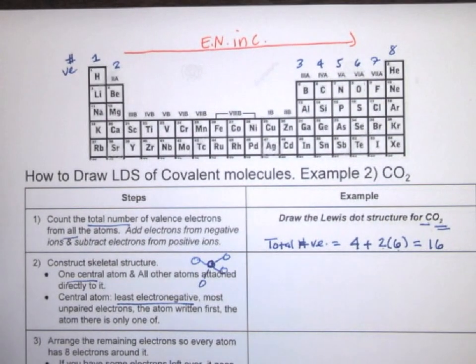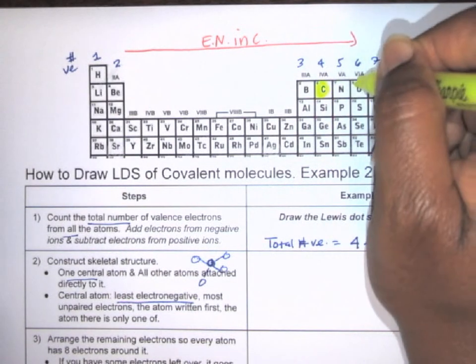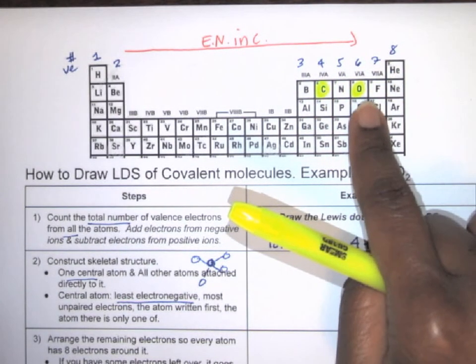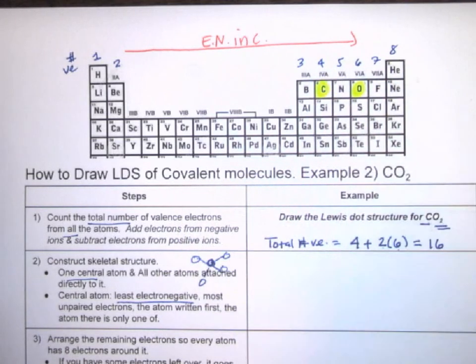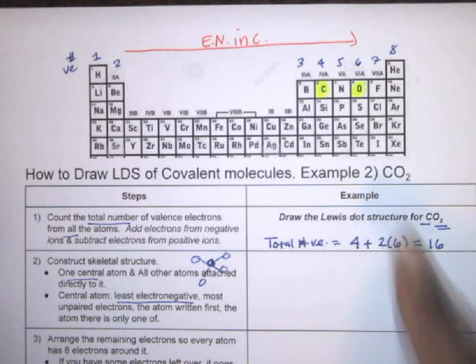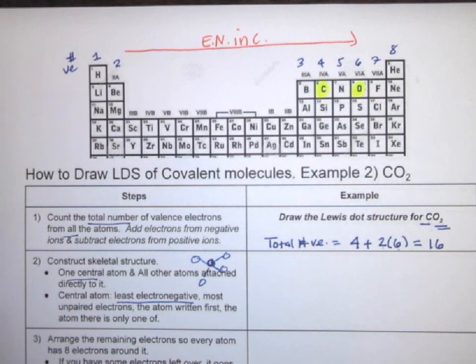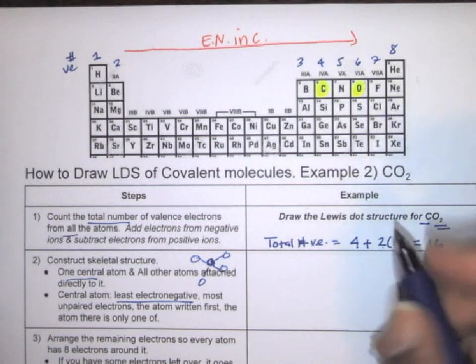So that means that if you're looking at the periodic table here, we have carbon and here we have oxygen. Oxygen, since it's to the right of carbon, will be more electronegative. That means that carbon is less electronegative, and that means that carbon in this molecule is the least electronegative atom. So carbon is going to go in the center.